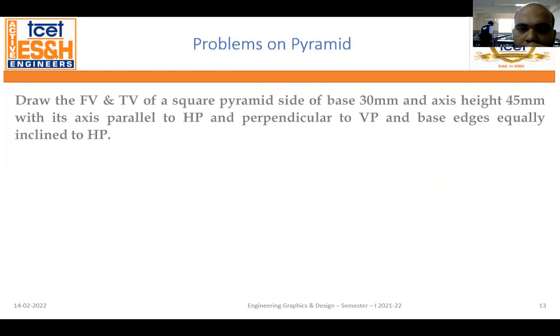this is the case. Draw the front view and top view of a square pyramid, side of base 30 and axis 45, with its axis parallel to HP and perpendicular to VP, and the base edge equally inclined to HP. You have to draw the front view and top view so that the axis height is 45, with its axis parallel to HP and perpendicular to VP.